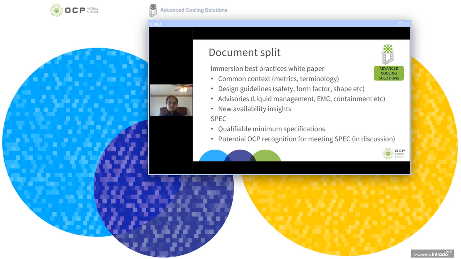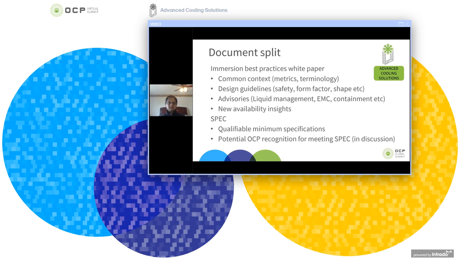First, we're going to bring in the common context elements like metrics and terminology, which is standardized across the immersion cooling spectrum, and bring that into the white paper together with design guidelines regarding safety, form factor, shape, and such. A lot of the advisories that are currently in the document regarding liquid management, EMC statements, containment, and many more of these things, including the new availability insights, will be combined into a white paper.